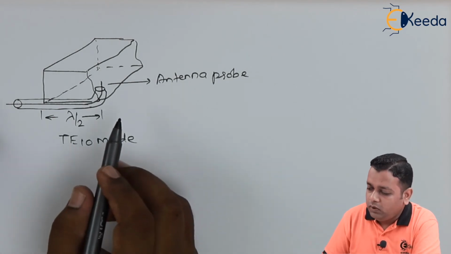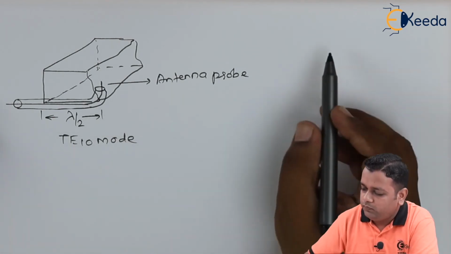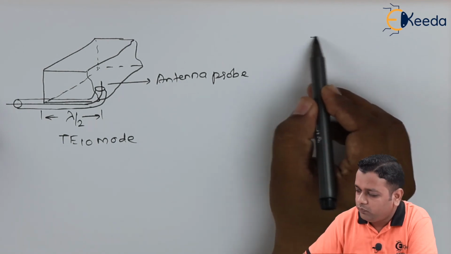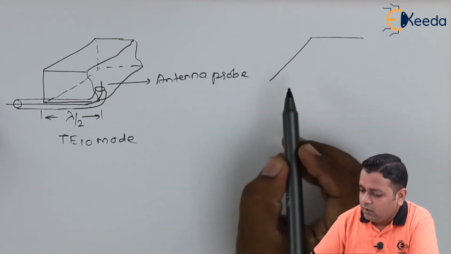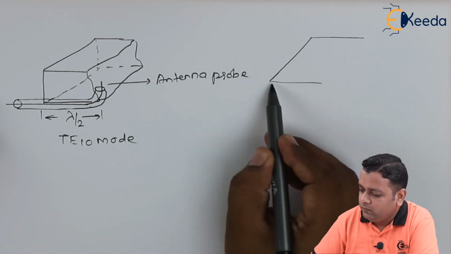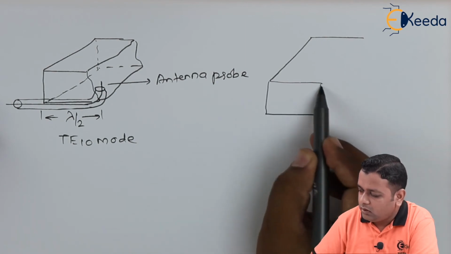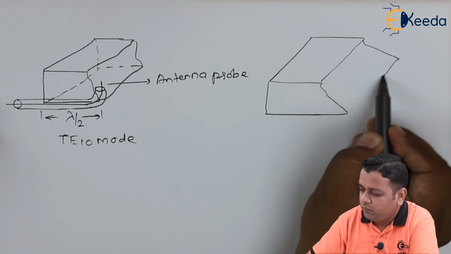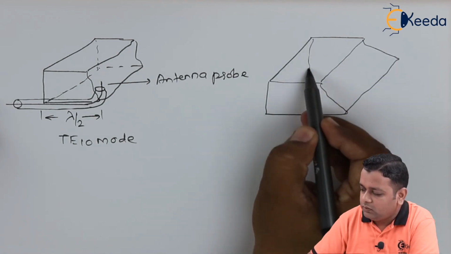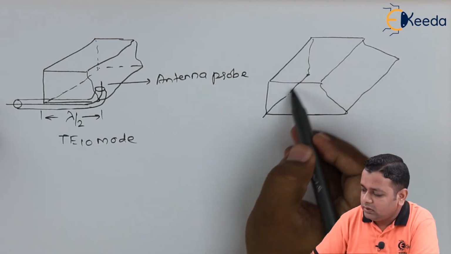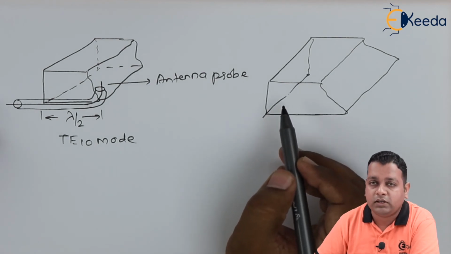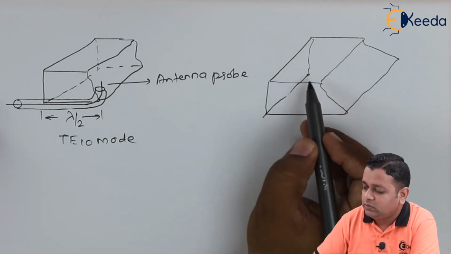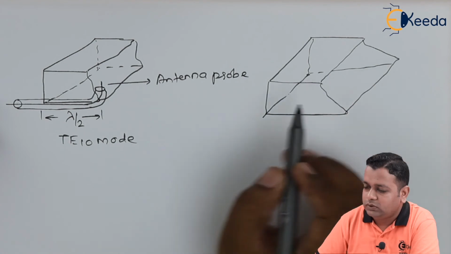When we work with the TE20 mode, let us say this is another piece of rectangular waveguide, and if you see the cross section here, this is the broader dimension we denote by small a, whereas this is the smaller dimension we denote by small b.